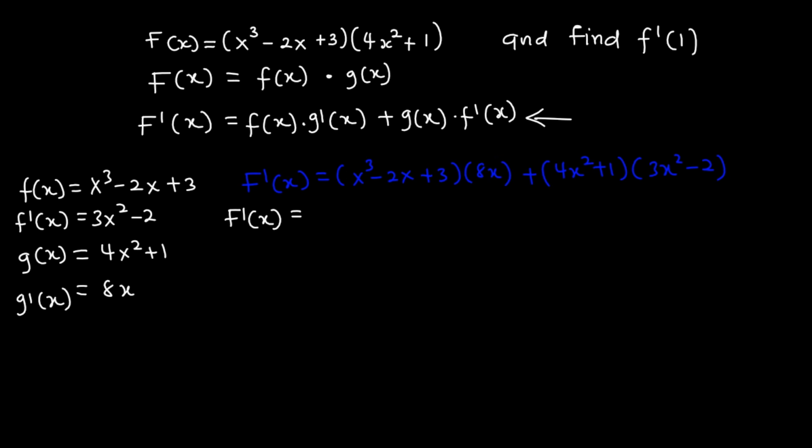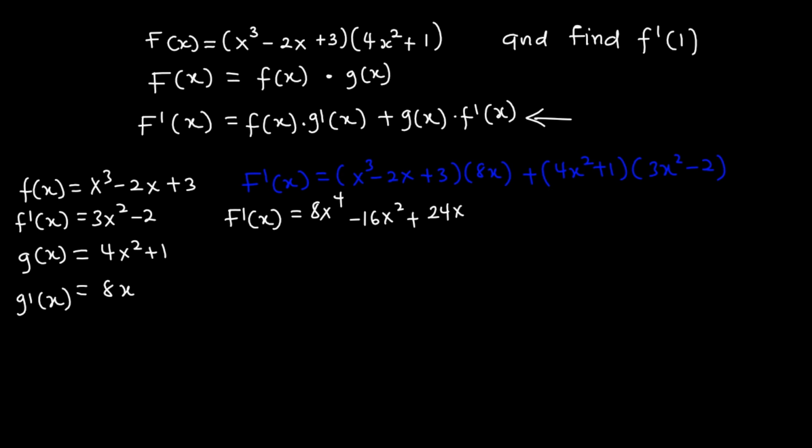So I'll multiply x cubed by 8x, which gives me 8x to the power 4. Then 8x multiplying minus 2x gives us minus 16x squared. And then 8x times 3 gives us 24x.